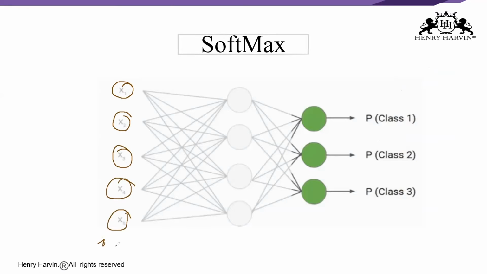This is an input layer with 5 input neurons, and we have 5 features in the data set. Next, we have one hidden layer, and here you can see 4 neurons: 1, 2, 3, 4.